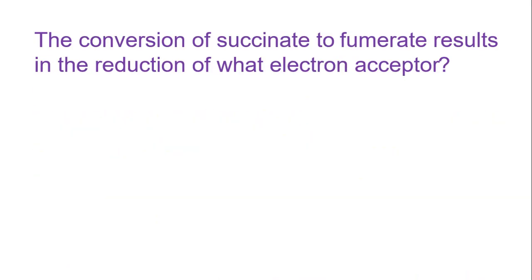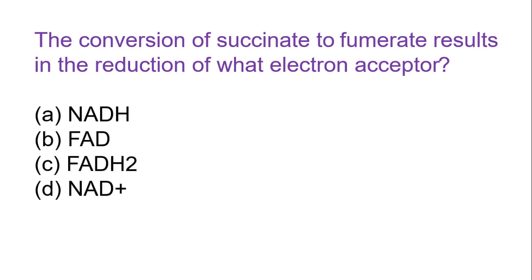The conversion of succinate to fumarate results in the reduction of what electron acceptor? A, NADH; B, FAD; C, FADH2; D, NAD+. The answer is B, which is FAD.